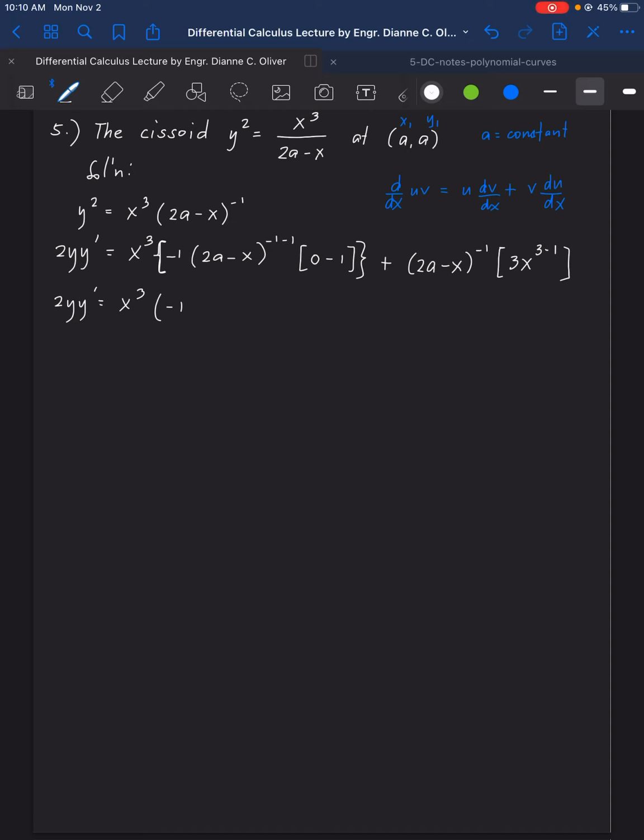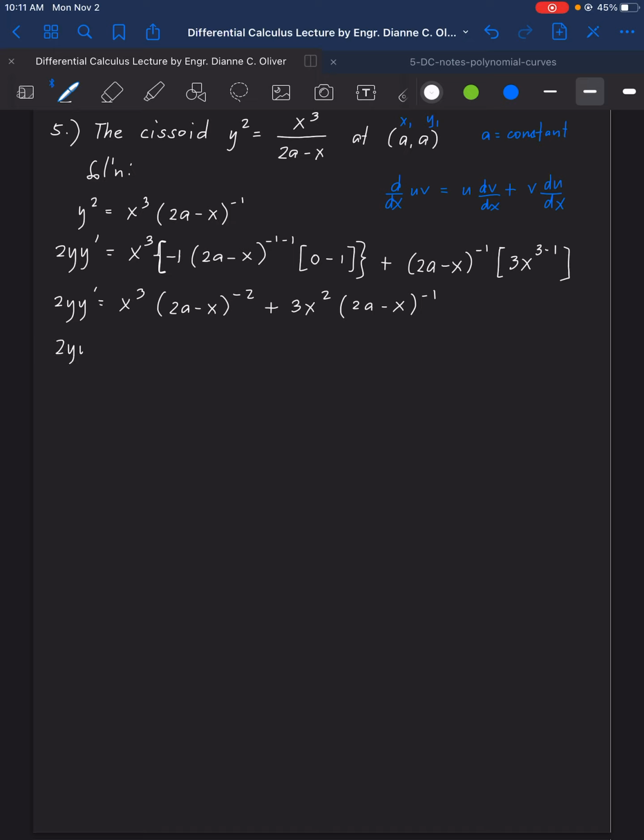So actually this is negative 1 multiplied with the negative 1 here, so it now becomes positive. There's no need for the negative 1 there. So what's left here is x raised to 3 times 2a minus x raised to negative 2, plus 3x squared times 2a minus x raised to negative 1.